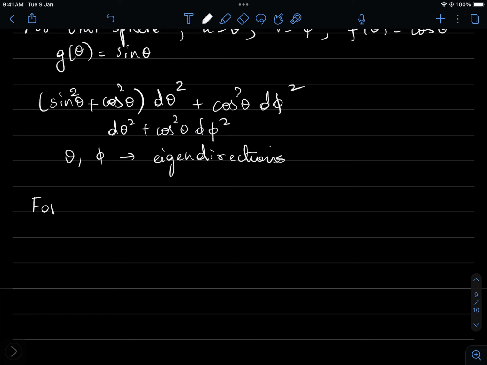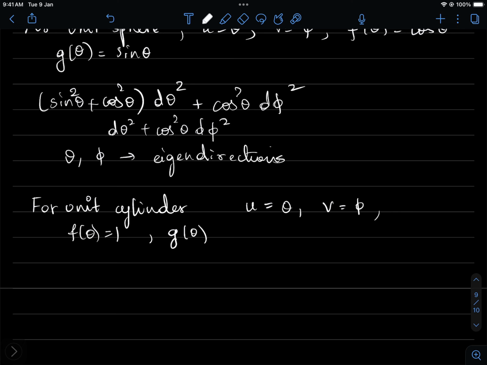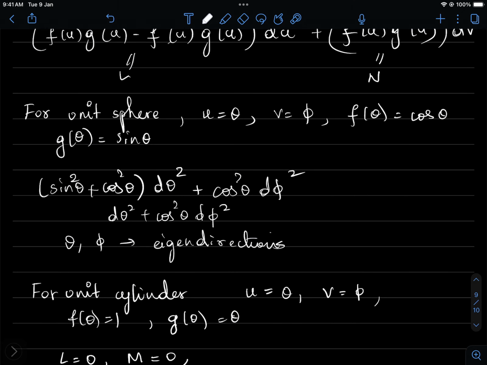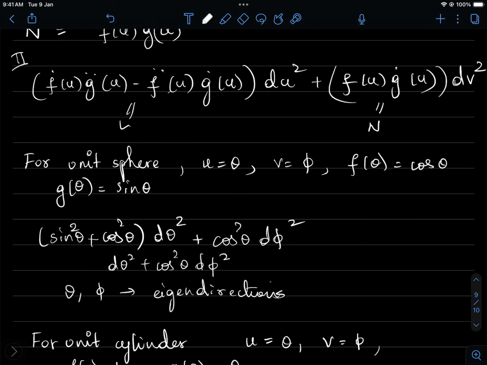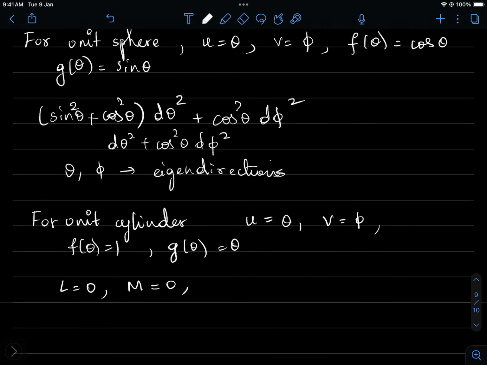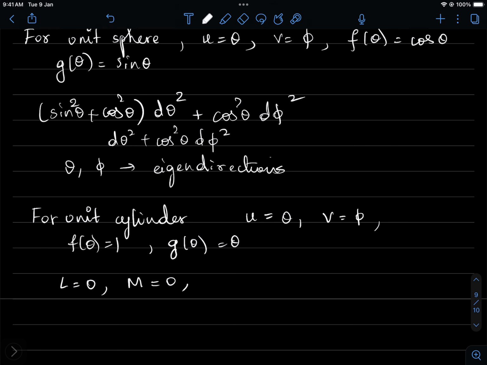So for the unit cylinder, we'll take u equal to theta, v equal to phi, f of theta is 1, g of theta is theta. So what we get is L equal to 0, M equal to 0, because here we have double dots, right? f dot is a constant so it goes to 0, f double dot is also constant, f of theta is 1, so L becomes 0, M is anyway 0.